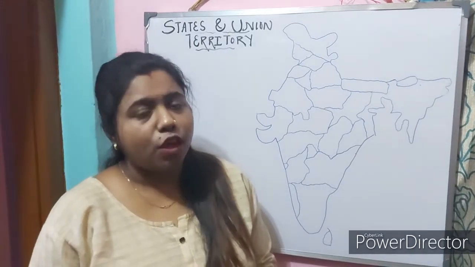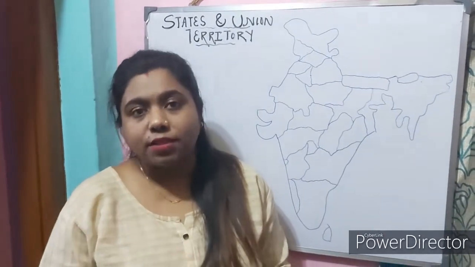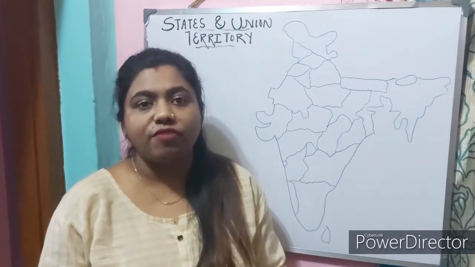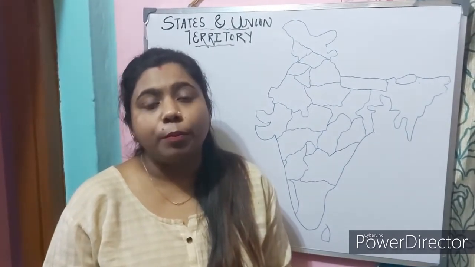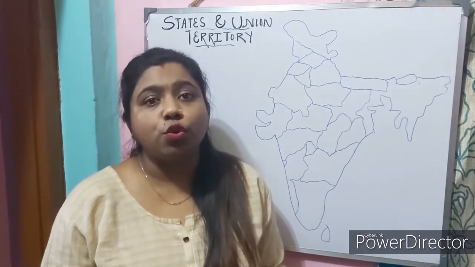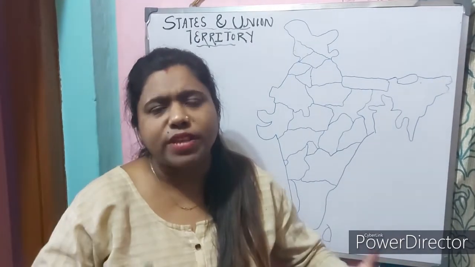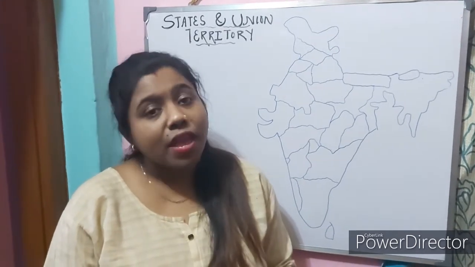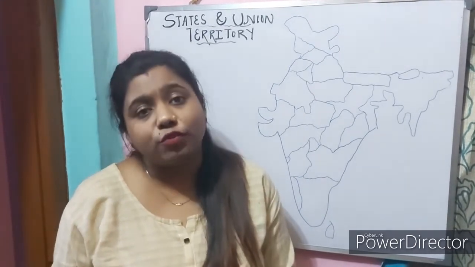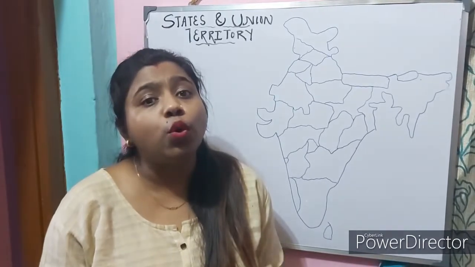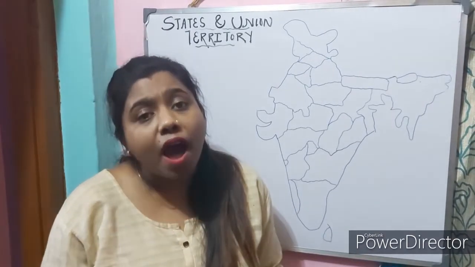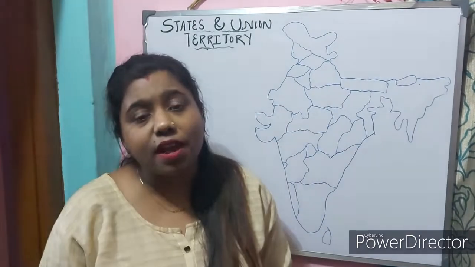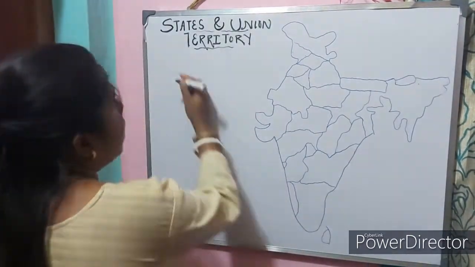Tell me something. Who looks after your demands? That means when you demand, I want a chocolate, I want to have ice cream, I want beautiful dresses, I want to go to my uncle's house. Every demand is fulfilled by whom? It is fulfilled by your parents. Like your parents fulfill your demands, who will look after the needs of a country like our country India? It is looked after by the government.